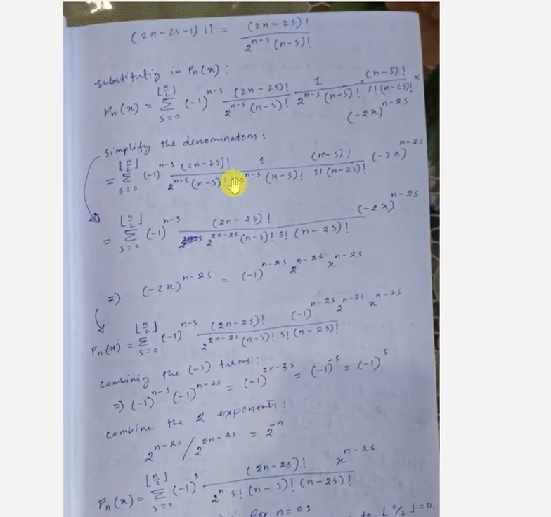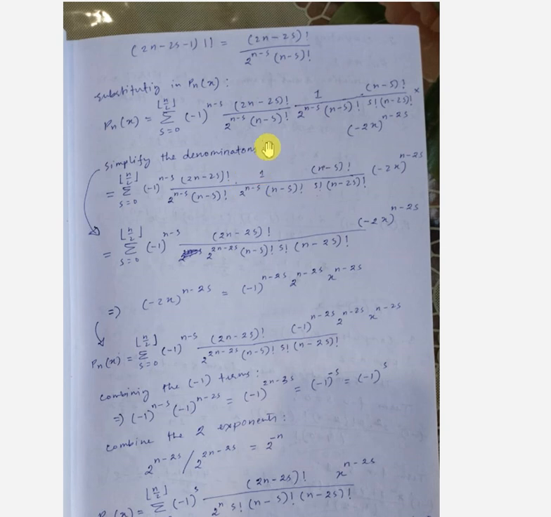And substituting this value in Pn of x, we will get this value, and if we simplify this denominator, we will get it like this, to the power twice n minus 2s, because this will get combined.